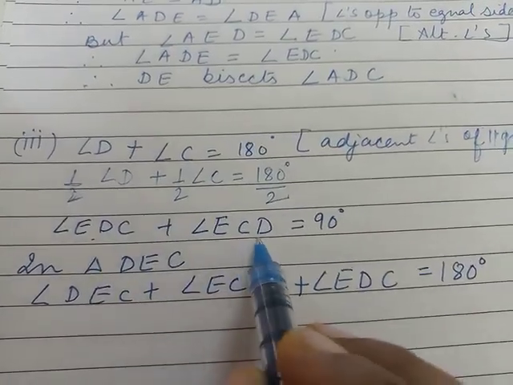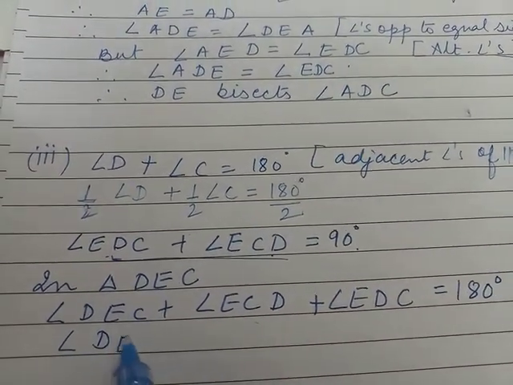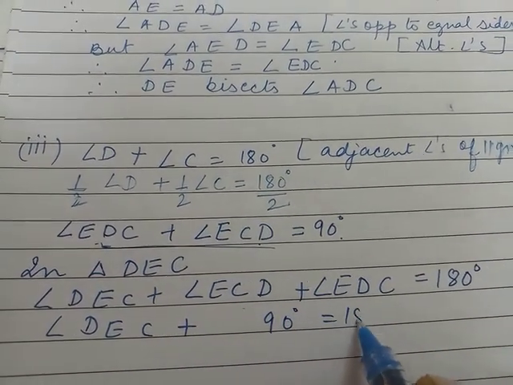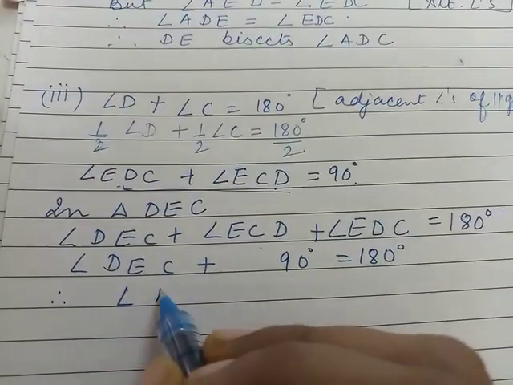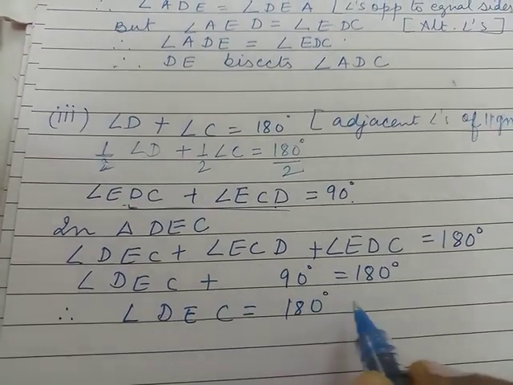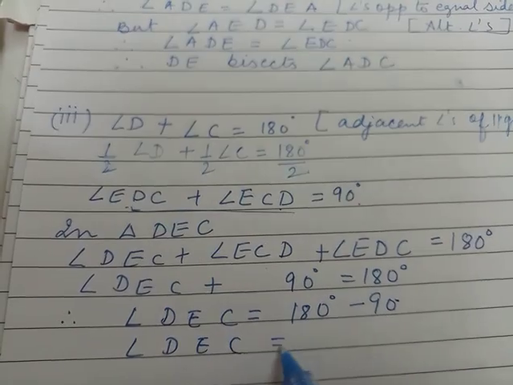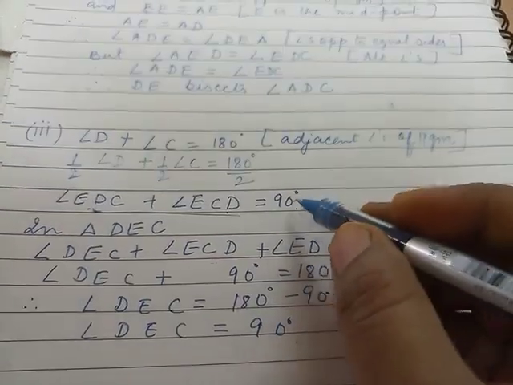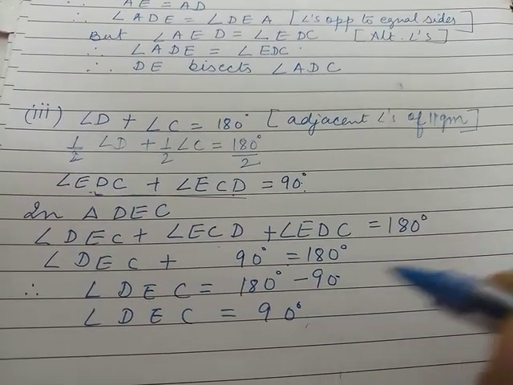As the sum of these two is 90 from above, so we'll write angle DEC plus 90 degree is equal to 180 degree. Therefore, angle DEC is equal to 180 minus 90. That becomes 90 degree. So we have put this here and we have calculated the value of angle DEC.